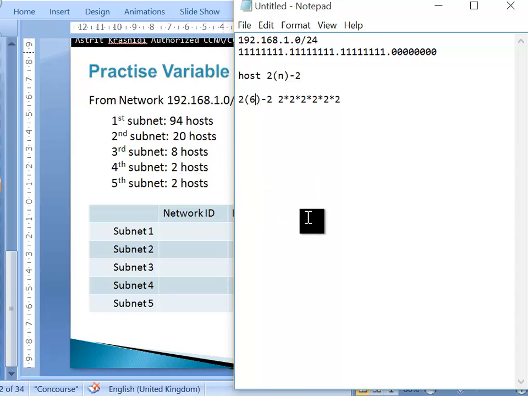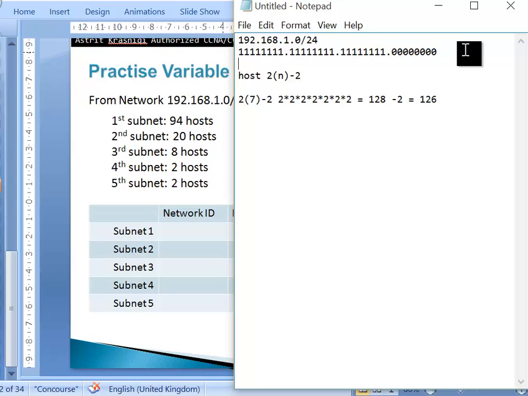So we're going to reserve 7 zeros, another times 2. 2 times 2 is 4, times 2 is 8, times 2 is 16, times 2 is 32, times 2 is 64, times 2 is 128. So 128 minus 2 is 126. Now 126 is enough for 94 hosts. That's the closest we can get. So we need to reserve 7 zeros.